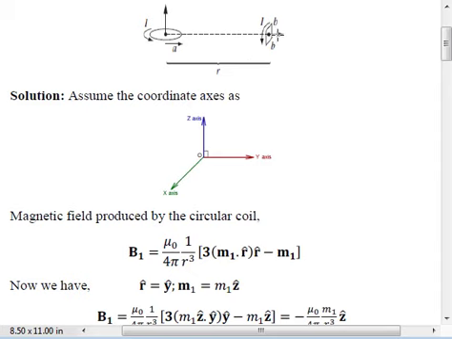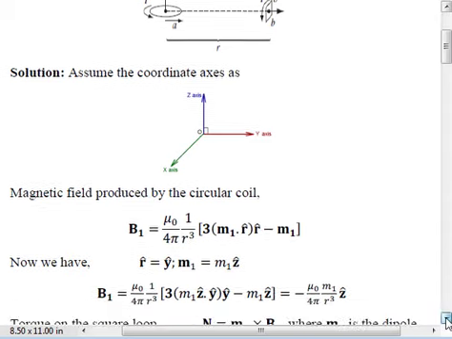Here r cap is the unit vector along this direction, that is along y cap. So r cap is equal to y cap, and m1, the dipole moment of the circular loop, is along the z direction, so m1 can be written as magnitude of m1 into z cap. So we can calculate the magnetic field.